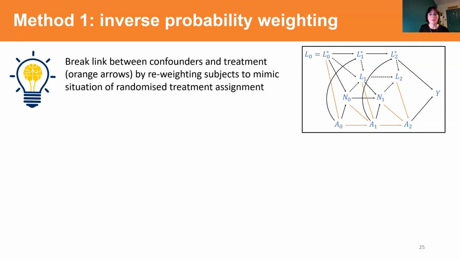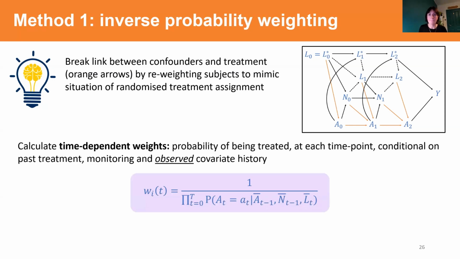With inverse probability weighting, the basic idea is to break the link between the confounders and the treatment, i.e. the orange arrows in this DAG, by reweighting subjects in the analysis to mimic a situation in which the treatment is assigned at random. We do this by calculating time-dependent weights, which are the inverse of the probability of being treated, conditional on past treatment, monitoring, and observed covariate history.